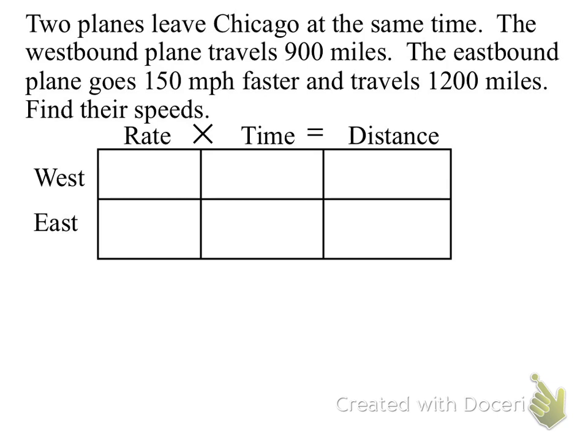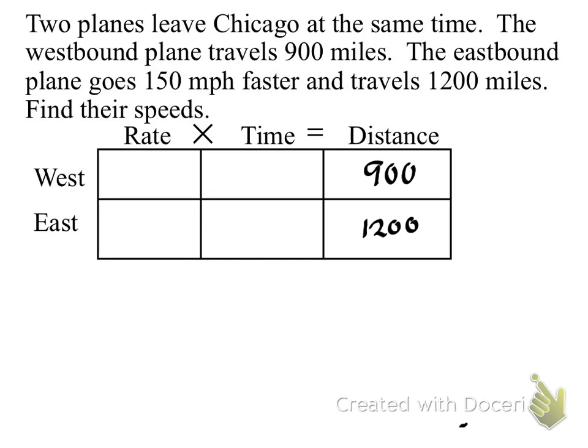The westbound plane travels 900 miles. Where does 900 go? 900 miles. Oh, distance. Okay, that is for the west, right? The eastbound goes 150 faster and travels 1,200 miles. So this is 1,200.